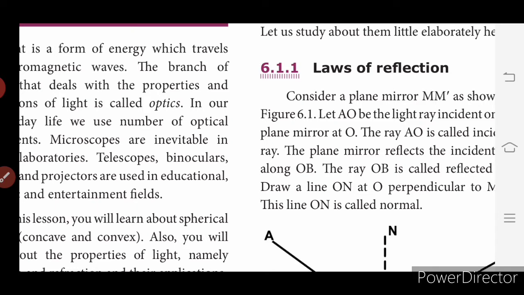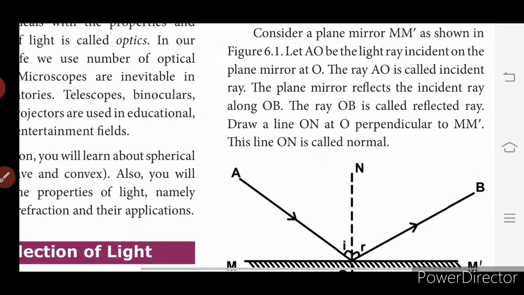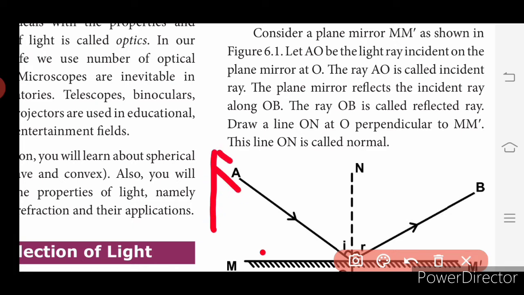So first, laws of reflection. So what are the laws of reflection? Consider a plane mirror M and M dash. The mirror will be shaded at the back. If you draw a mirror like this, it has to be shaded at the back. Mirrors are always shaded at the back. That's why the rays, whenever they fall on the mirror, get reflected back.